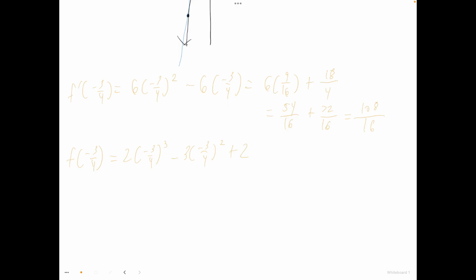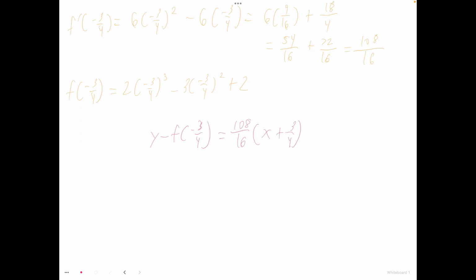Now rather than computing this, as I did not compute this ahead of time, I'm just going to plug it into the formula. So the formula says we're going to have y minus y1, which is f of minus 3/4. This equals the slope, which is 108 over 16, times x minus x1, but x1 was now our minus 3/4. And then we want to solve for this value of x here.